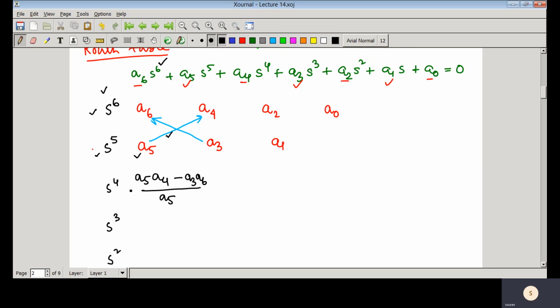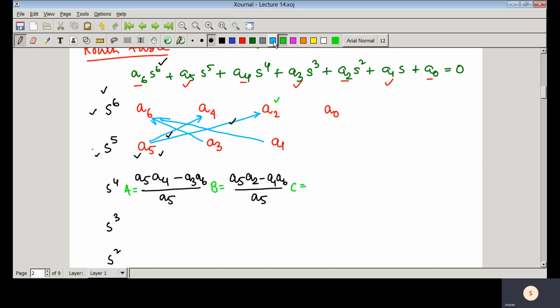We define this particular term as A. The next term in this row, suppose we call it B, is a5 into a2 minus a1 a6, divided by a5.